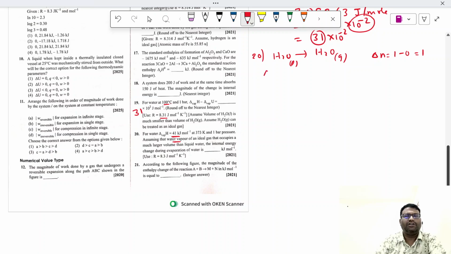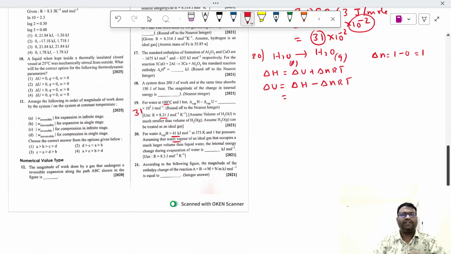Delta H is equal to delta U plus delta nRT. So delta U is equal to delta H minus delta nRT.